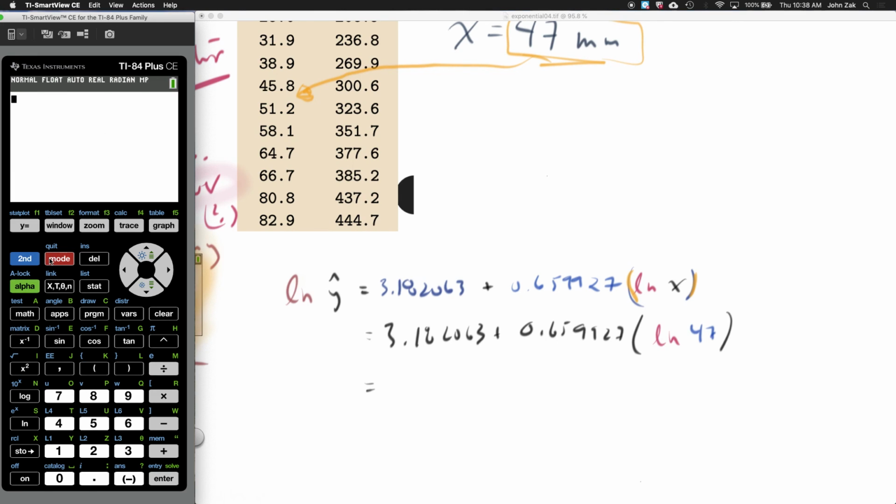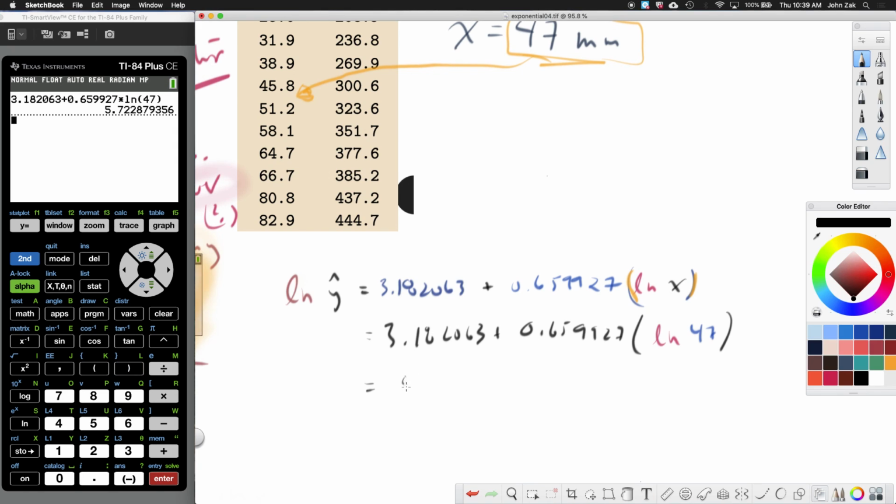There are quicker ways of doing this, but I'm going to do it the long way. 3.182063 plus 0.659927, if I could read my handwriting, yes, times, now remember this is the natural log. I'll hit the natural log button, the natural log of 47. Boom.